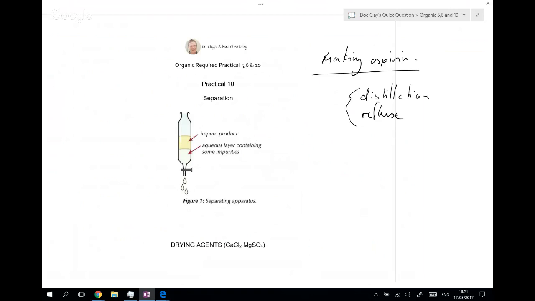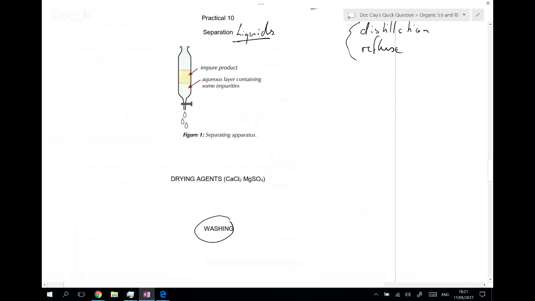The key here then is that we've got separation of some different sorts of substances. I'll look briefly at separating liquids to start off with. If you want to separate liquids, we've got a few simple ways of doing it. Initially, we've got washing. Washing will remove impurities depending on their solubility.